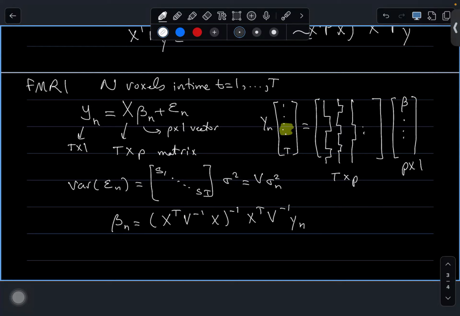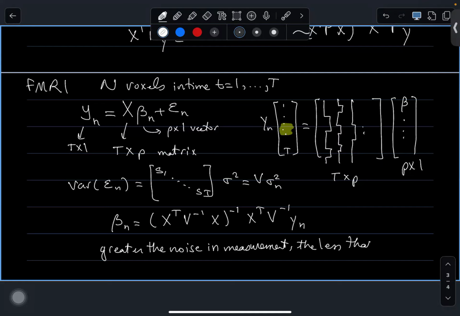So the greater the noise in measurement, the less the errors matter.